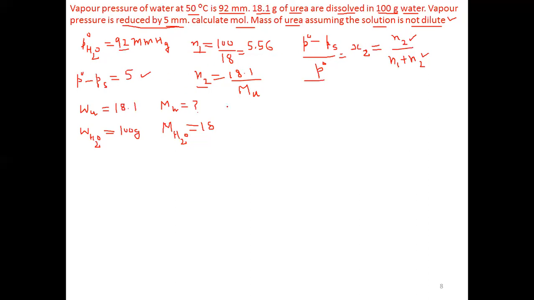Now we will put all these values here. P naught minus Ps is 5, so 5 divided by P naught, 92, is equal to N2, which is 18.1 divided by Mu, divided by N1, which is 5.56, plus N2, which is 18.1 divided by Mu.